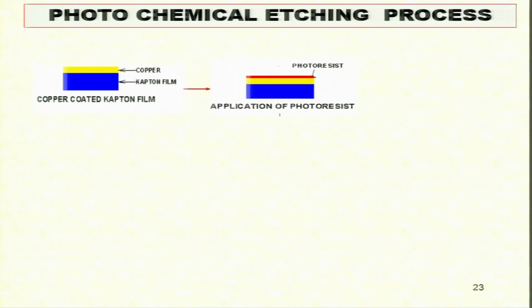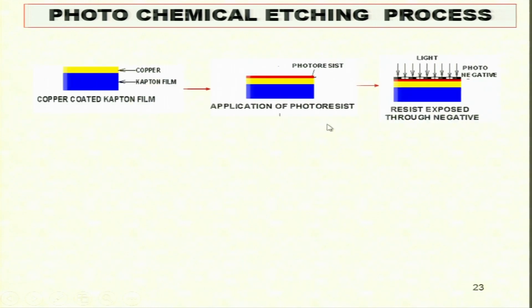Photochemical etching process. Now let us see here. Copper coated Kapton film is here. This is the copper, this is the Kapton film, and here is the photoresist. The application of the photoresist. After this, photonegative is placed over here, and then light is thrown over there. So resist exposed through the negative.